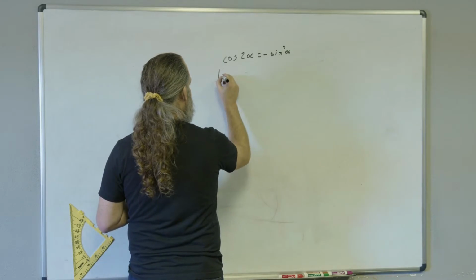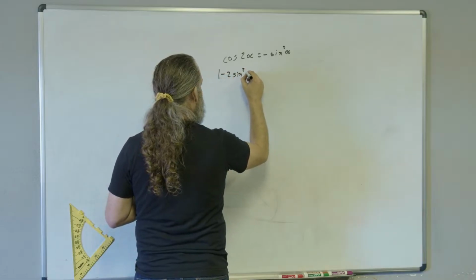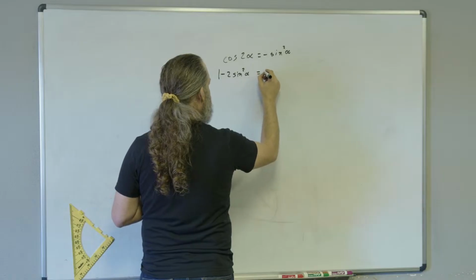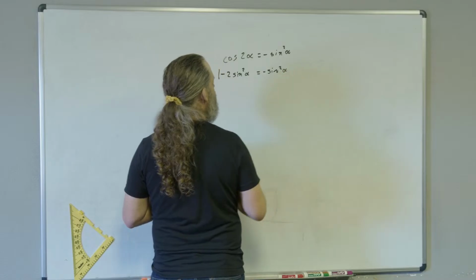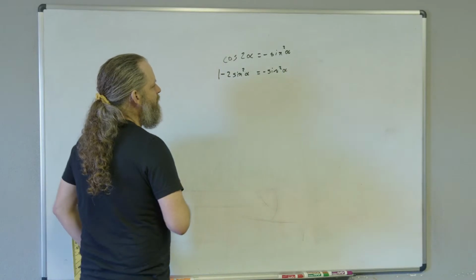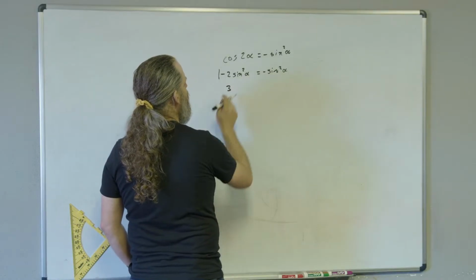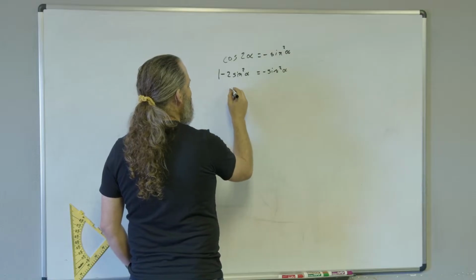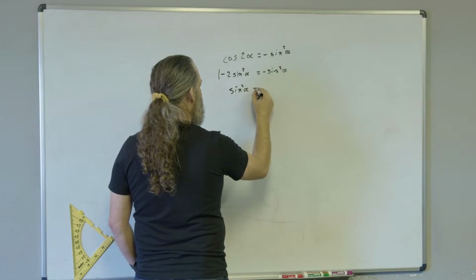Happy days are here again. 1 minus 2 times sine squared alpha equals negative sine squared alpha. Then add the 2 sine squared alpha to the other side. So we end up with 1 minus sine squared alpha equals... no, sine squared alpha equals 1.